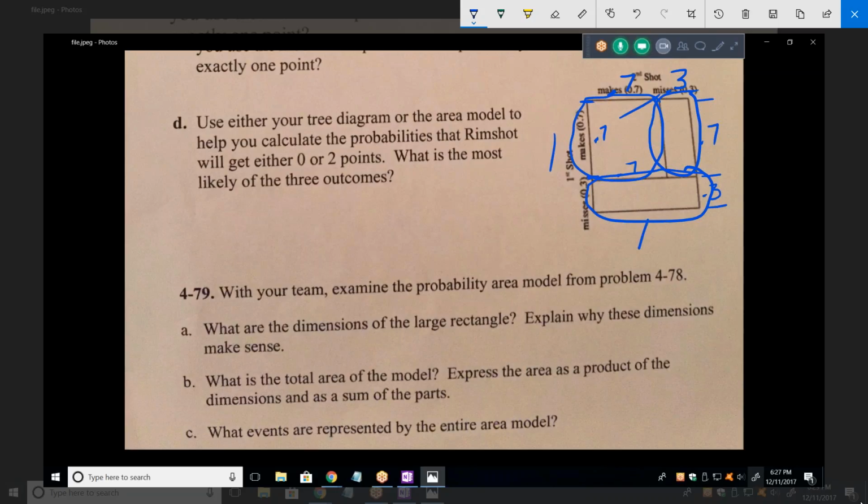And I guess they're saying by area. And certainly that is a square, but it's a rectangle also. In other words, all squares are also rectangles. But that has an area of 0.49. And that's the biggest area of the three rectangles we're looking at. I think we've pretty much addressed everything else in 4.79.